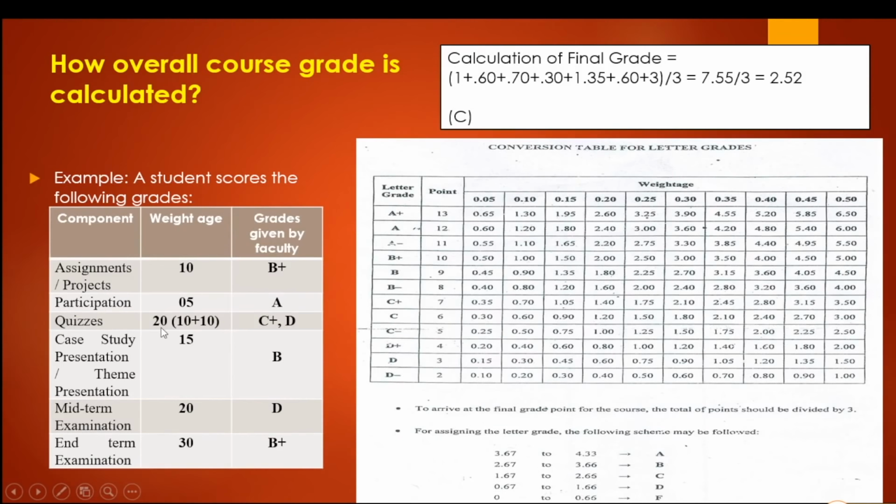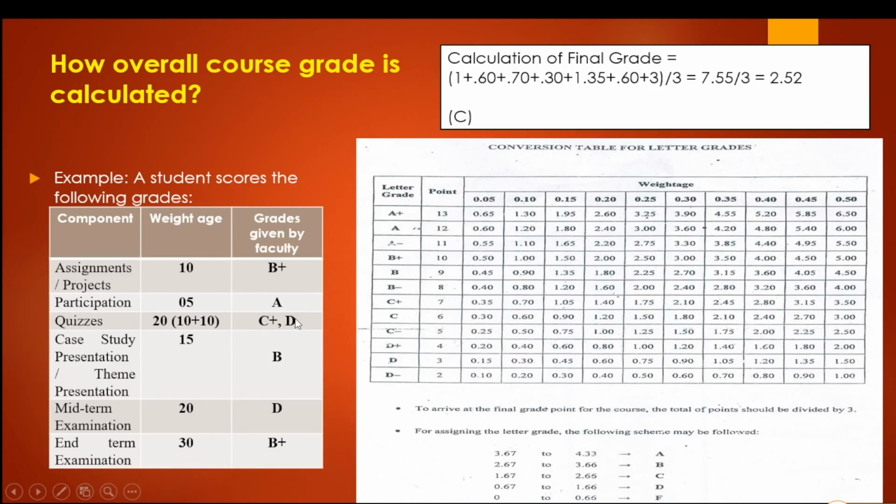Then for quizzes, he has got C plus and D, right? So let's see, the weightage is 10% and C plus and weightage is 10%, so we get 0.35.